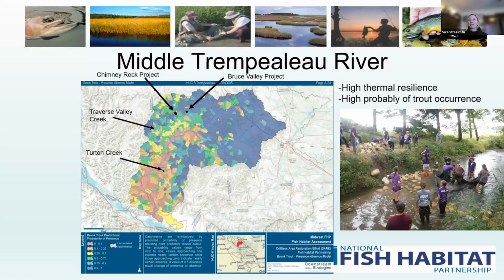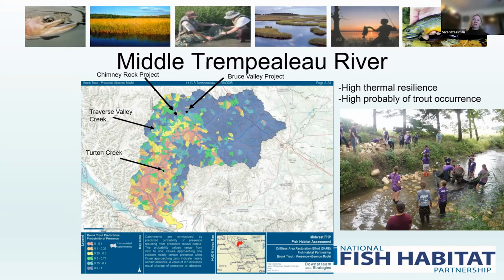As an example for our fish habitat partnership, we've done a fair bit of work and continue to do work in the Middle Trempealeau River. It's an area that has had some earlier habitat suitability and climate change modeling done, identifying the likelihood of being able to persist as brook trout water into the coming decades.